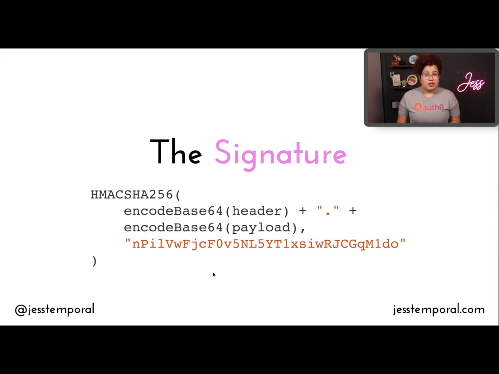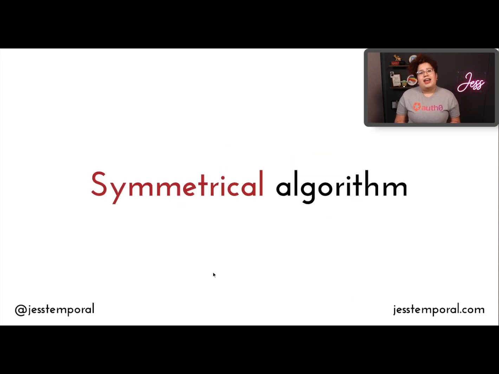And there are two types of algorithms that can be used for signing tokens. The first type is the one that we just saw in the previous slide. They are called symmetrical algorithms. They use a secret to both sign and validate tokens.